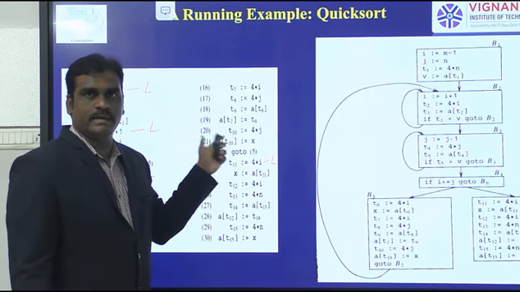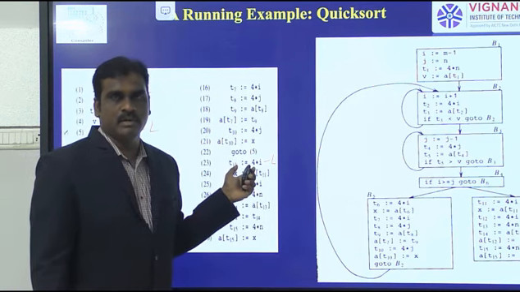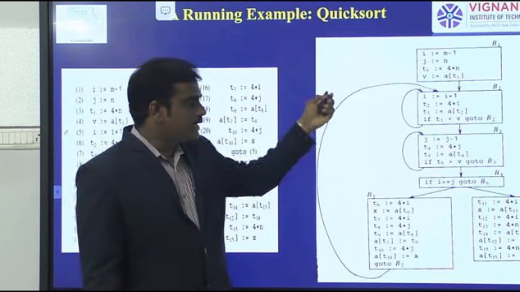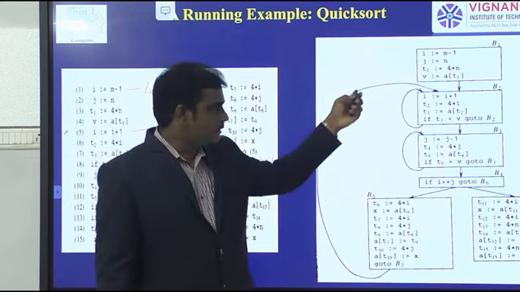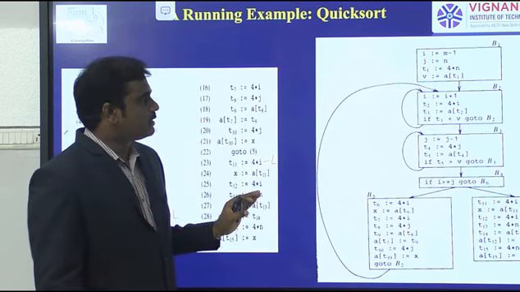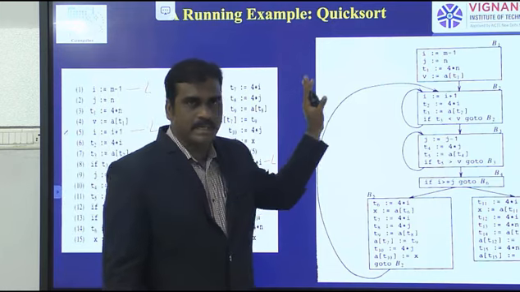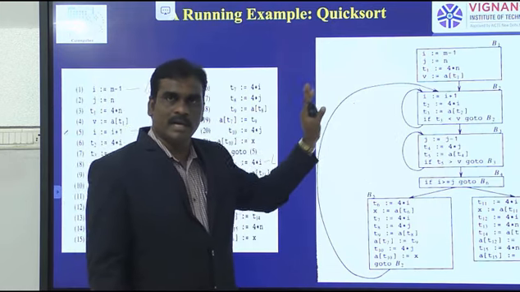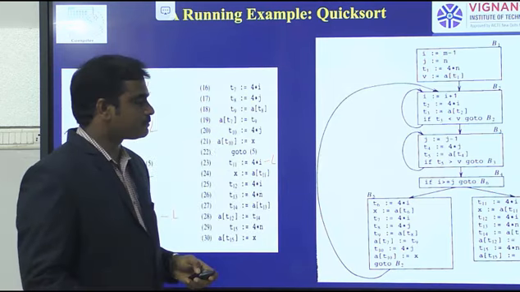We identified 6 leaders, so we have 6 blocks. Next one, draw the flow graph. Now this is the input. Till now we performed only the input. So this is the input to our concept.